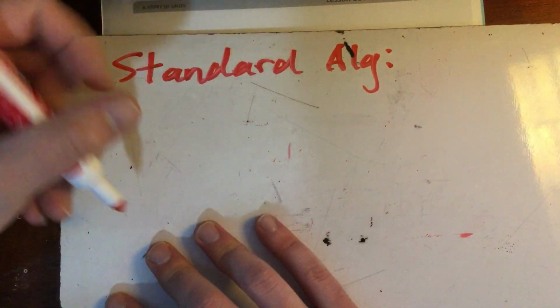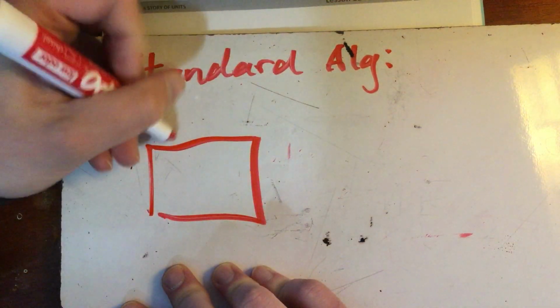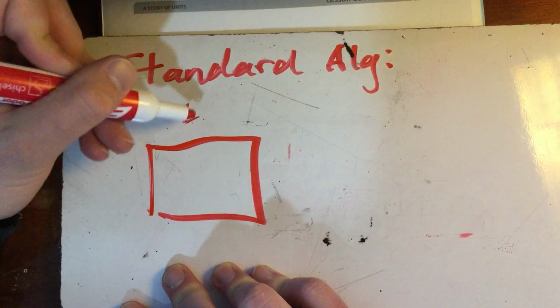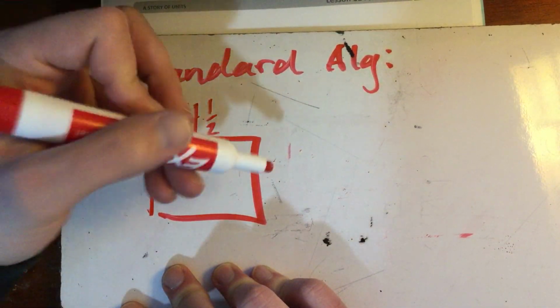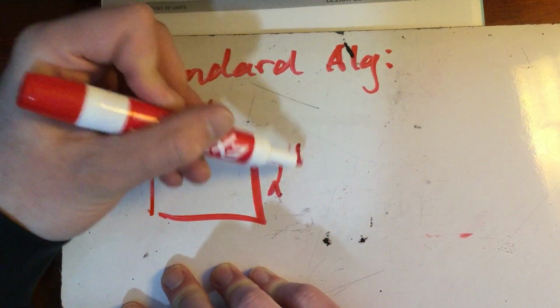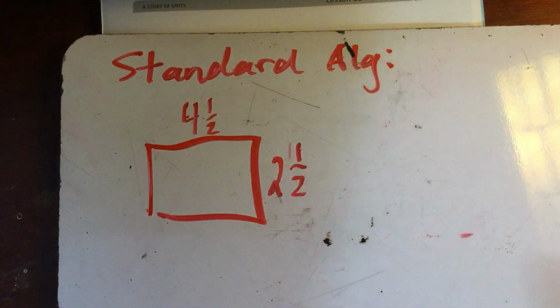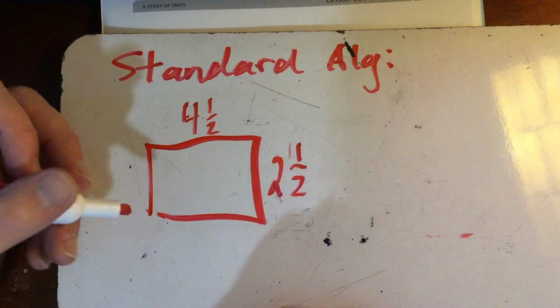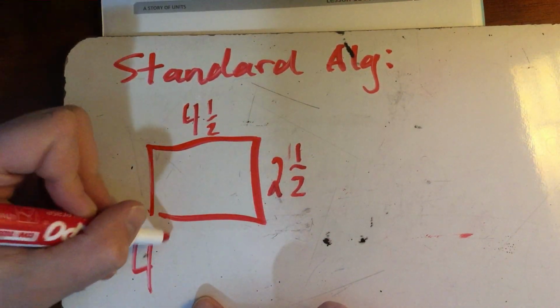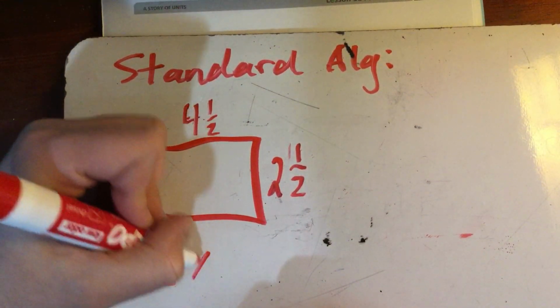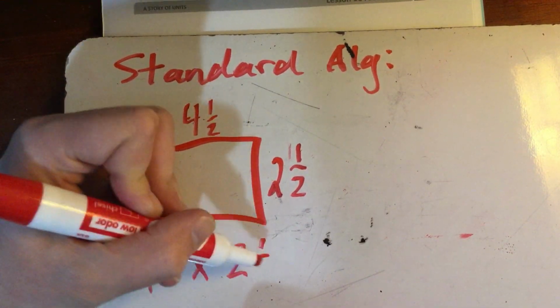So once again, I know that my rectangle was 4 and 1/2 times 2 and 1/2. 4 and 1/2 by 2 and 1/2. What I'm going to do now is simply multiply 4 and 1/2 times 2 and 1/2.